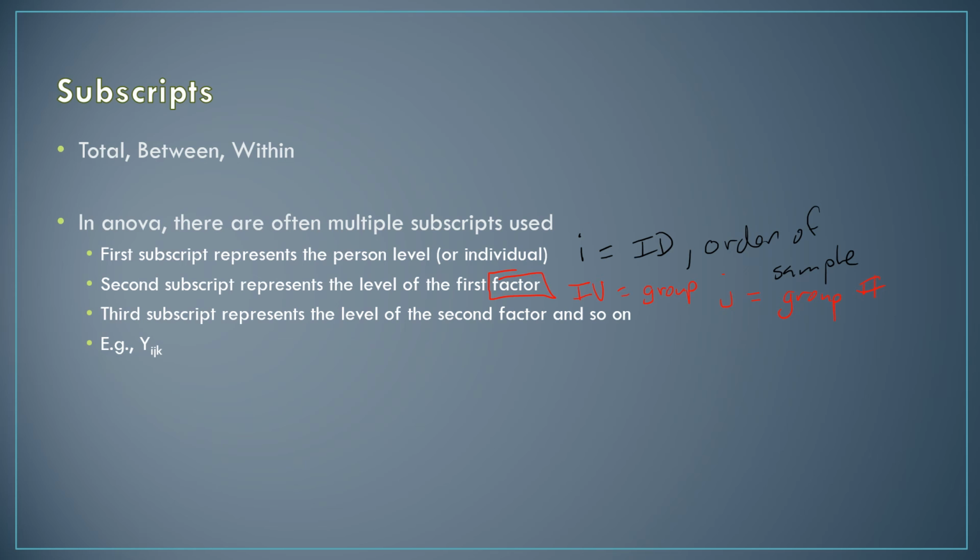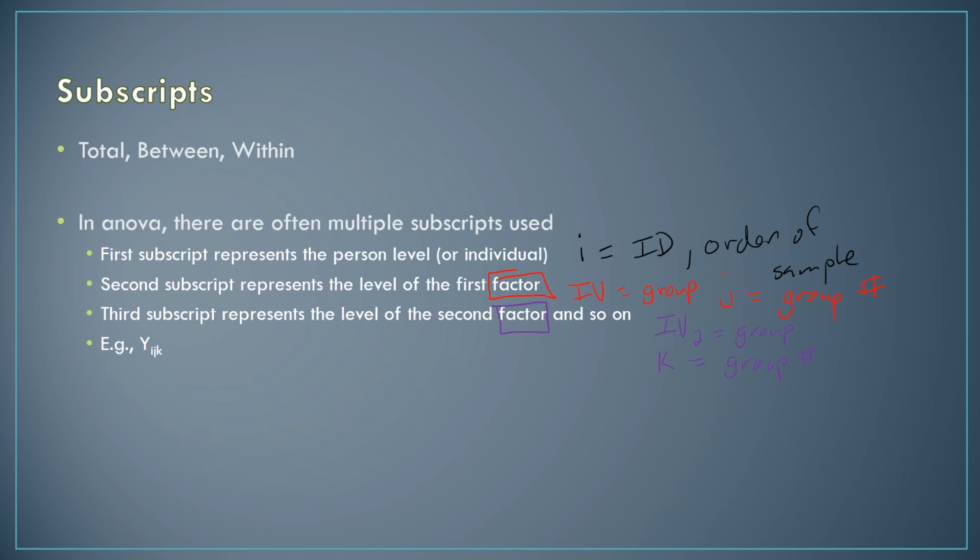And lastly, if you have multiple factors, so multiple independent variables or grouping variables establishing your groups, then you would also have what group number they're in for this one as well. This next one is also an independent variable, a grouping variable, and this would be k, the group number for the next level.